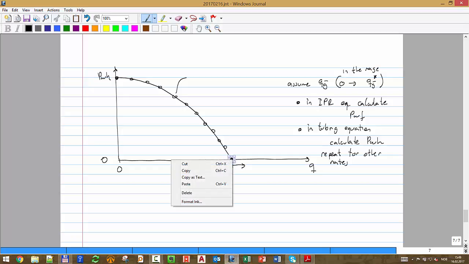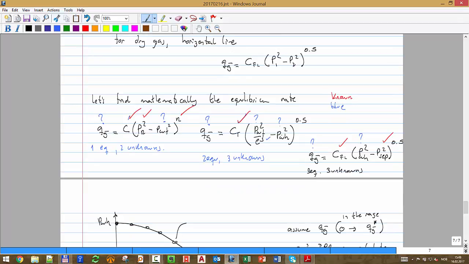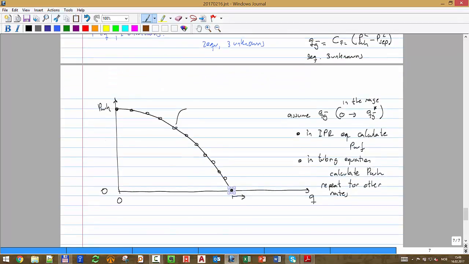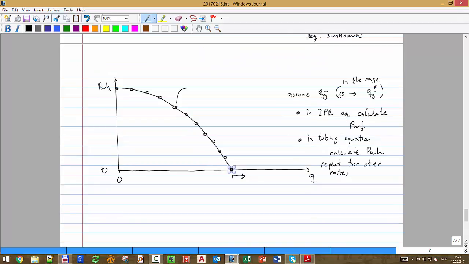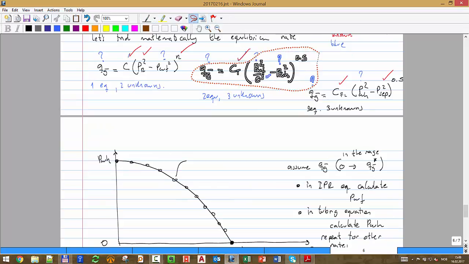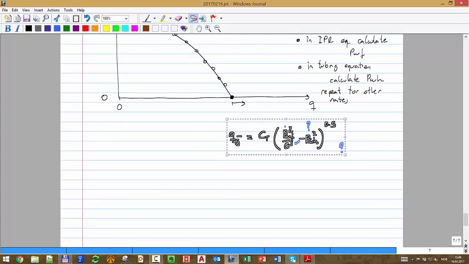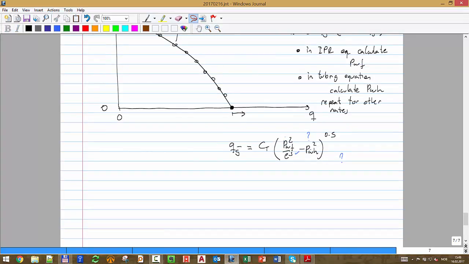You will get a square root of a negative number, okay? We have to fix that equation a bit. Okay, let's fix it a bit.